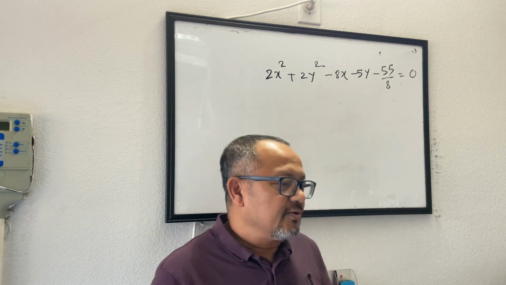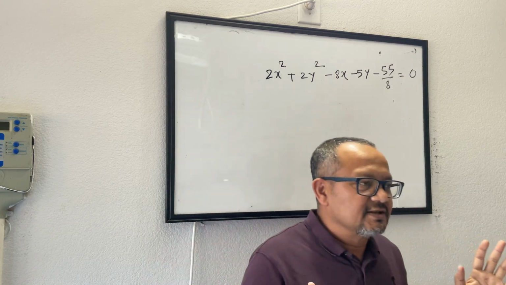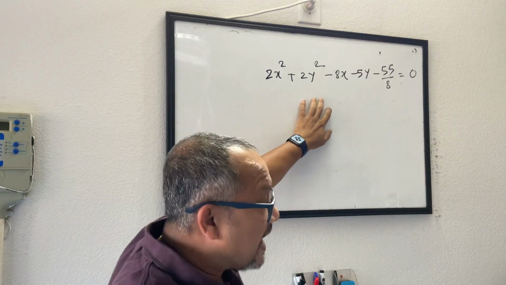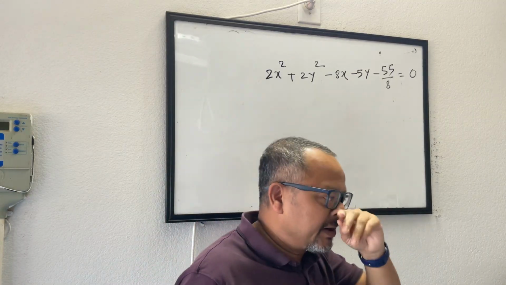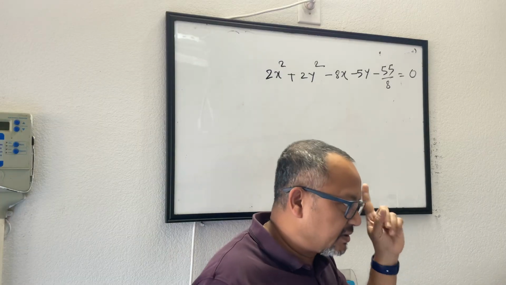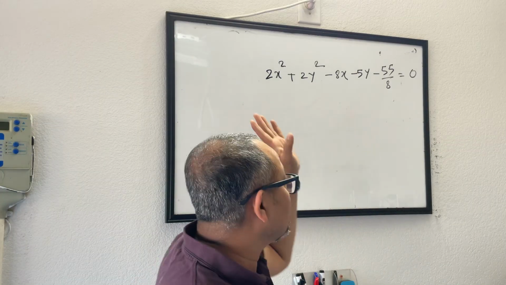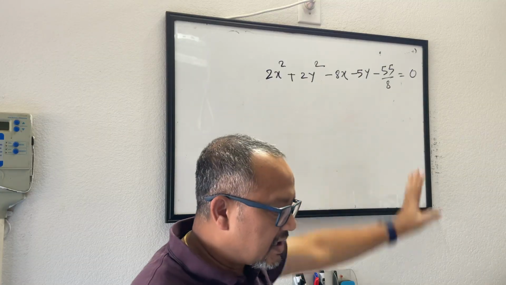Okay, now let me solve this as a student, okay? I have this equation and I've been asked to find out the diameter. Diameter is double of the radius. You have to find out the diameter from this equation.